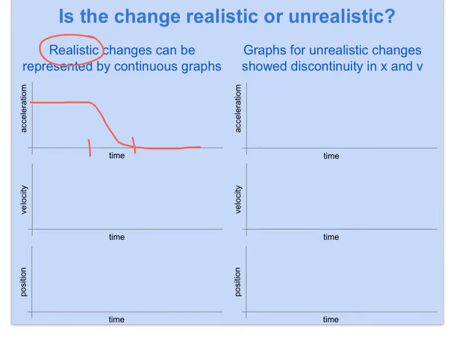When we think about these from an ideal point of view in our physics class, we will talk about instantaneous changes in motion. What that means is that if the acceleration was at this value to begin with, and then later it was 0 because we decreased the pressure of our foot on the accelerator, it's going to happen in an instant.